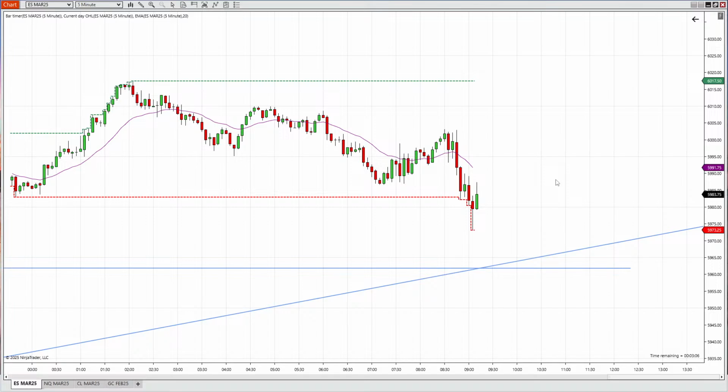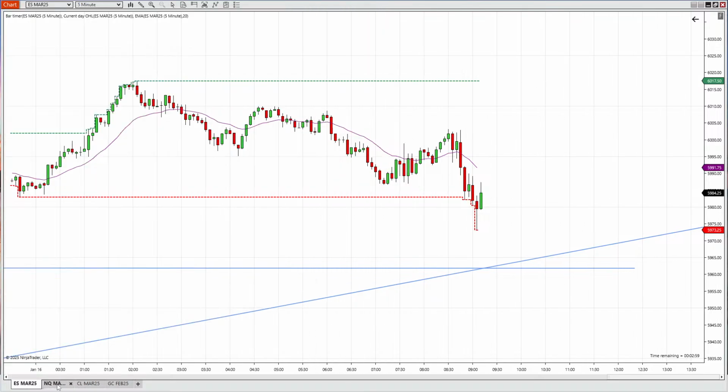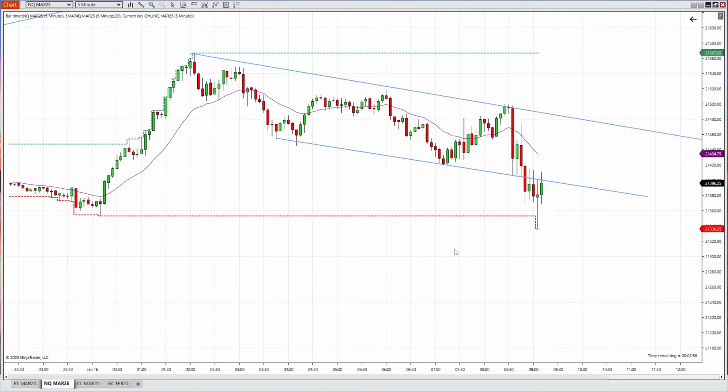Alright, let's see what else is going on. We got 3 minutes left in this bar. I have a signal bar for NQ. Kind of a weak one though, just a tiny little doji. Probably best you wait for a second entry here.